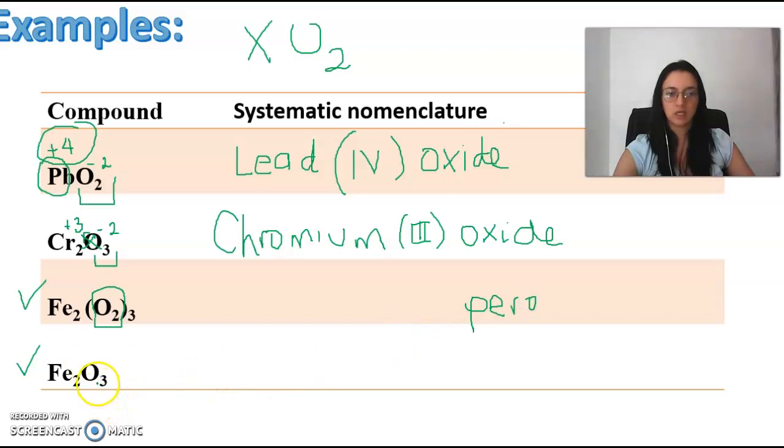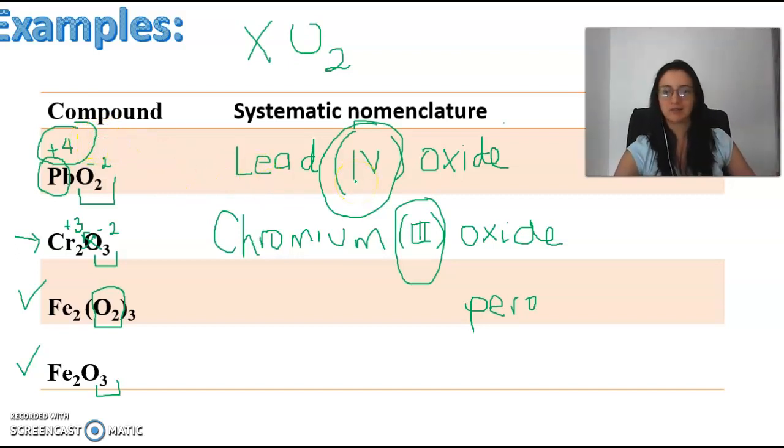And in this one, again, as we did in exercise number 2, different to 2, that's going to be an oxide. Okay, so try and do it yourself. The only step changing from type 1 to type 2 is this one. This is the key: Roman numbers showing the oxidation state of the first element. And that's it. That's the only difference with type 1. Let me know if you have any questions.